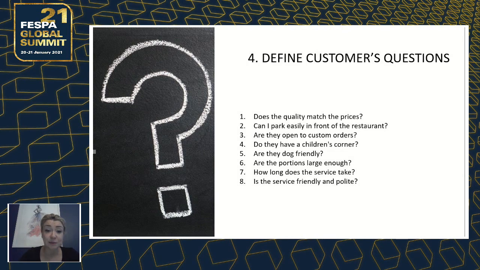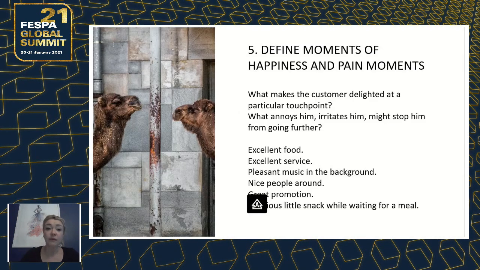For example, these might be: does the quality match the prices? Are they open to custom orders? Do they have a children's corner, right? That would be, for example, important for our persona, family with the kids. Step into your customer's shoes and think of all the possible questions that they might have on this particular touch point. So, okay, let's go further.